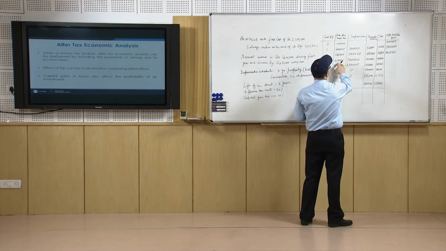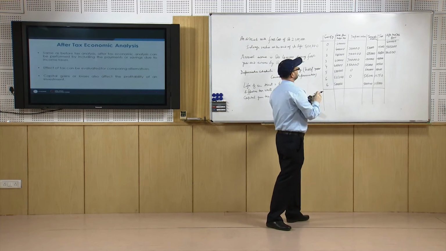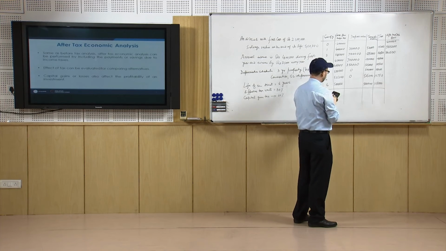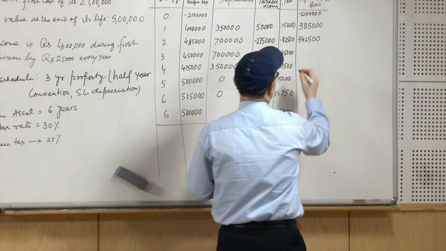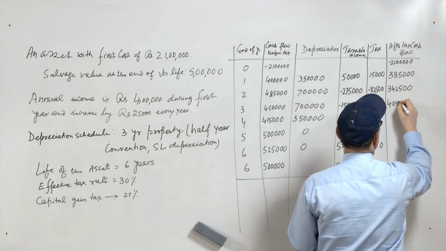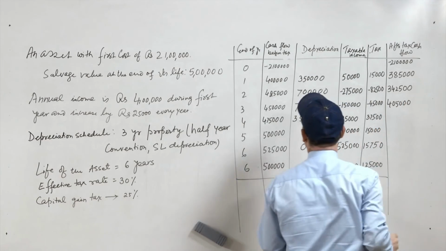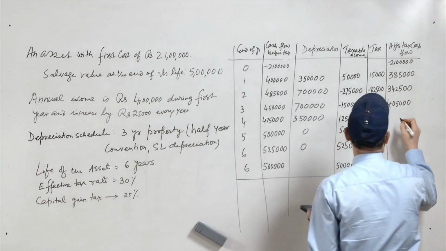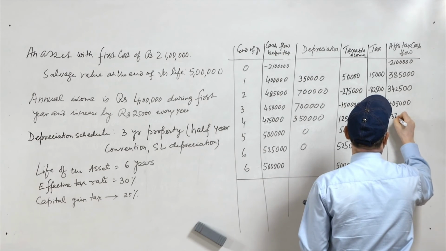Similarly, here it is 450,000 minus 45,000. So 4,05,000. 4,75,000 minus 37,500, so 4,37,500.